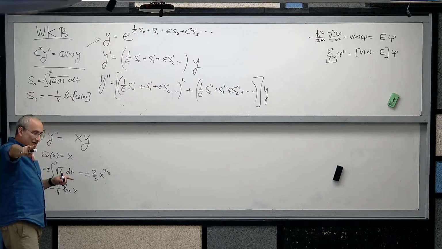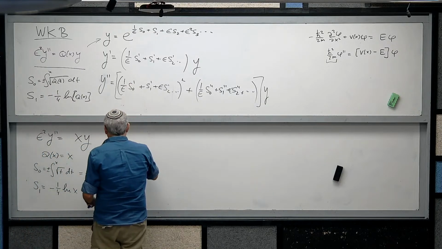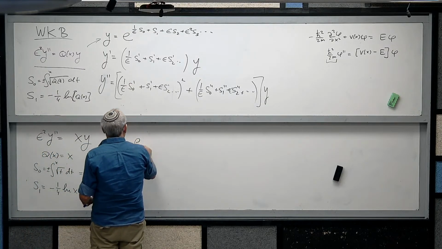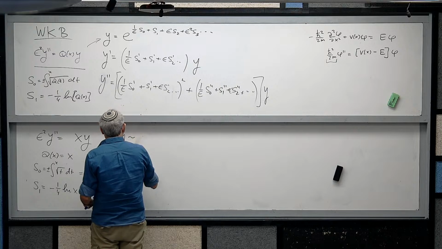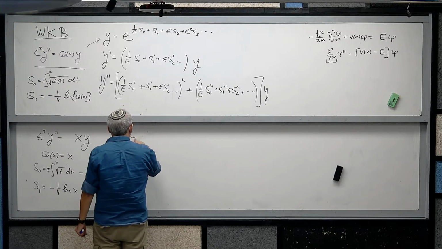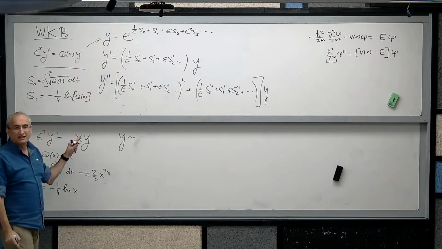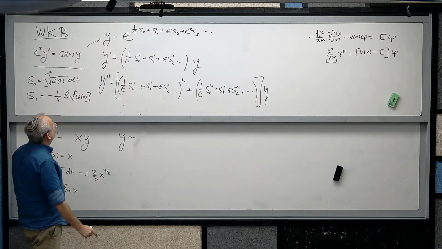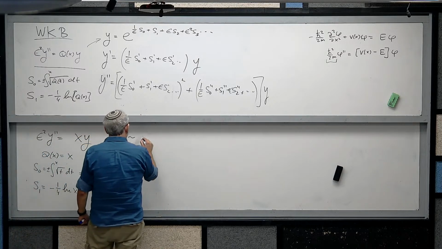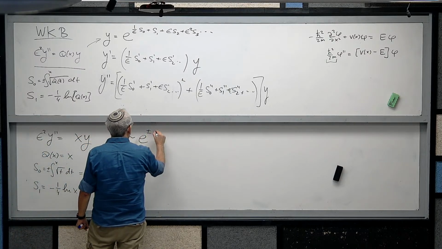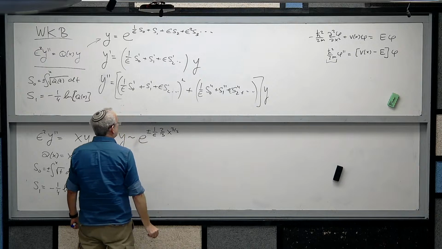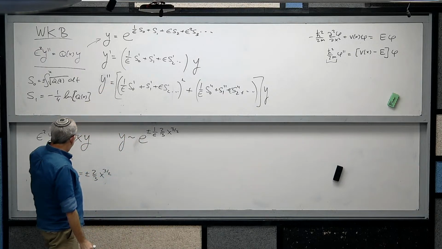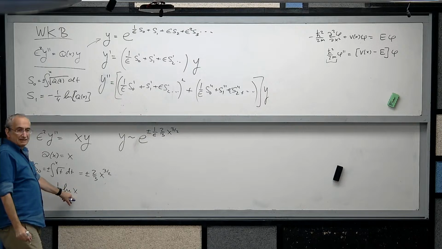So plugging it here, y is asymptotically equal to e to the plus minus 1 over epsilon times 2/3 x to the 3/2, plus minus 1/4 ln x, but e to the ln x is x, right?